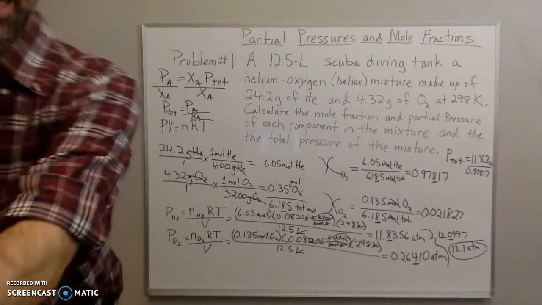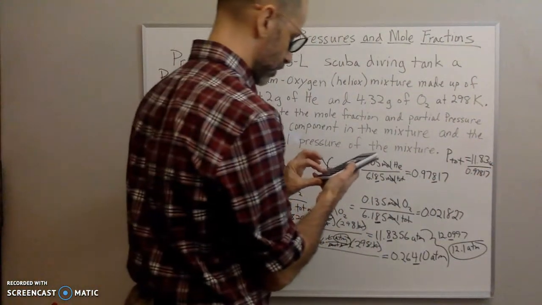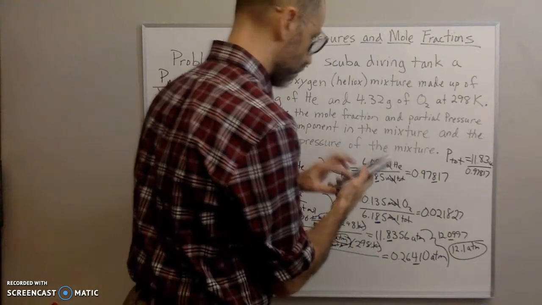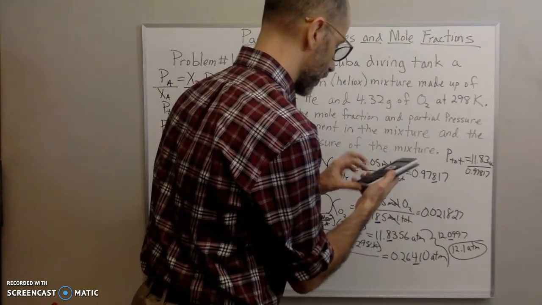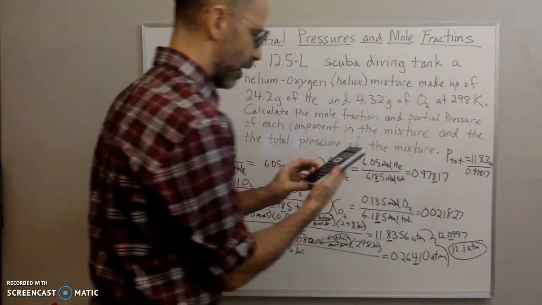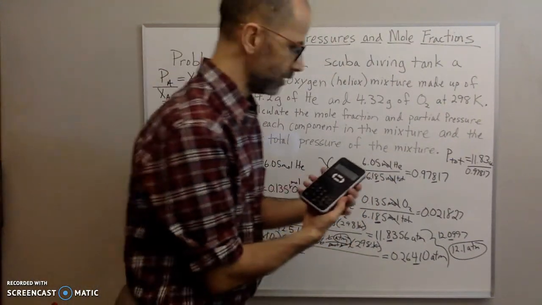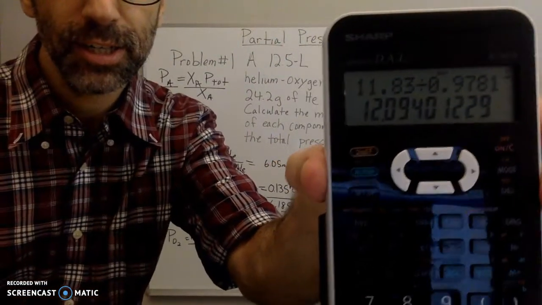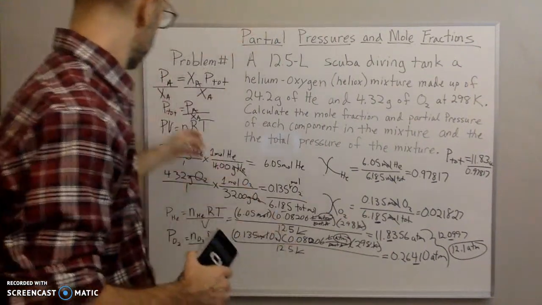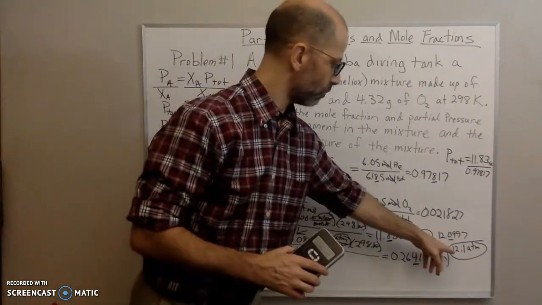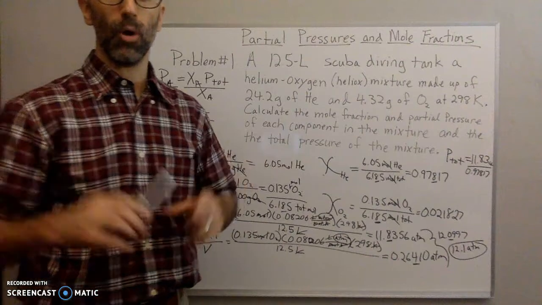So if we calculate that really quick, 11.83 divided by 0.97817 equals, and we get 12.09 right there. And that's the same as the number we got before, 12 point rounded to 12.1. So both the methods work.